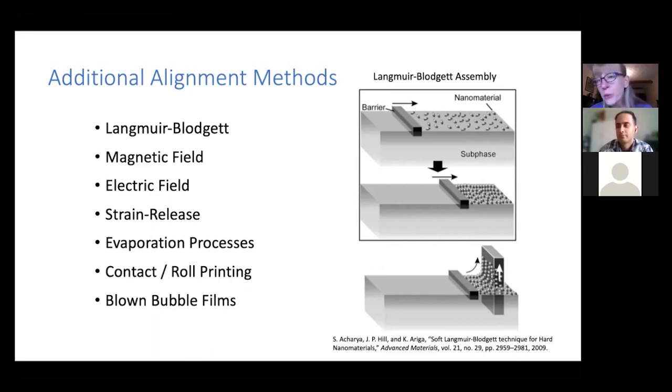But in all these other processes where there's no heat involved, you have a lot more flexibility in terms of the fluid that you're using, provided that if the fluid is going to evaporate, you make sure that the structures stay where you want them to be.